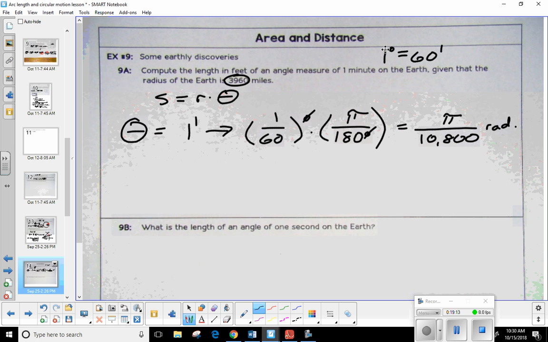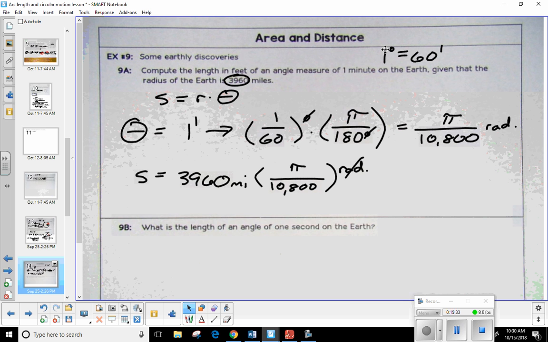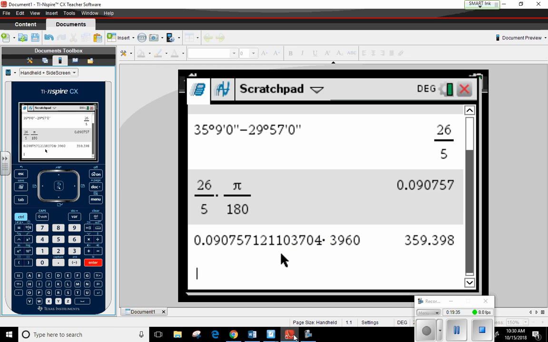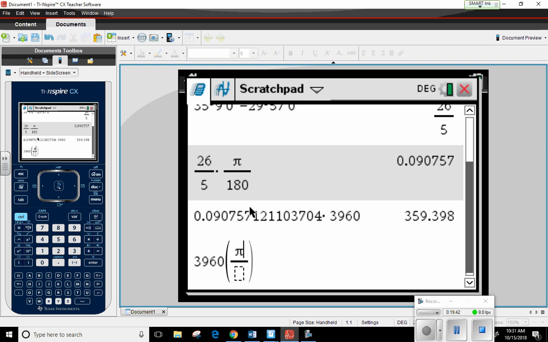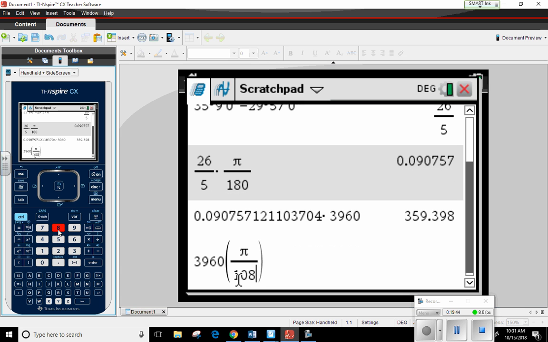So now I want to go ahead and plug that into the formula. So the arc length S is equal to the 3,960 miles times the pi over 10,800 radians. And of course, remember, once you introduce a unit of measure, the radians just kind of disappear. So let's see what I'm getting. 3,960 times pi divided by 10,800.